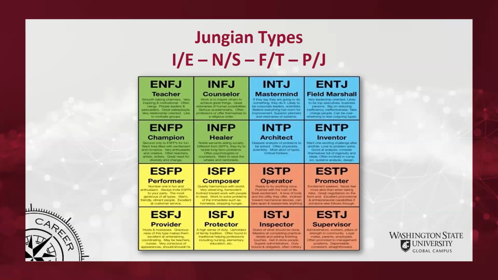That's the inspector. Serious and quiet, interested in security and peaceful living, extremely thorough, responsible, and dependable, with well-developed powers of concentration, usually interested in supporting and promoting traditions and establishments. ISTP is the operator: quiet and reserved, interested in how and why things work, with excellent skills with mechanical things.